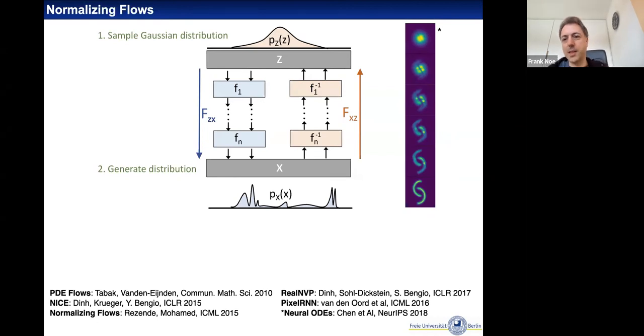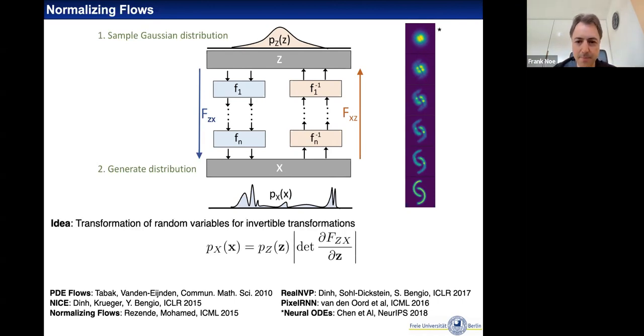The normalizing flow basically is an invertible neural network, which takes samples from a probability density that we can easily sample from, this P of Z on top, something like a Gaussian density, and then transforms it into samples of the density that we want to have, P of X. And because it's an invertible transformation, we can use the transformation of random variables theorem to compute the probability density of sampling an X at the output of the neural network.